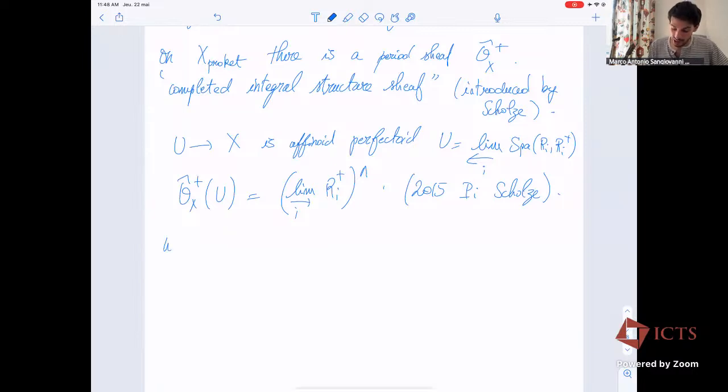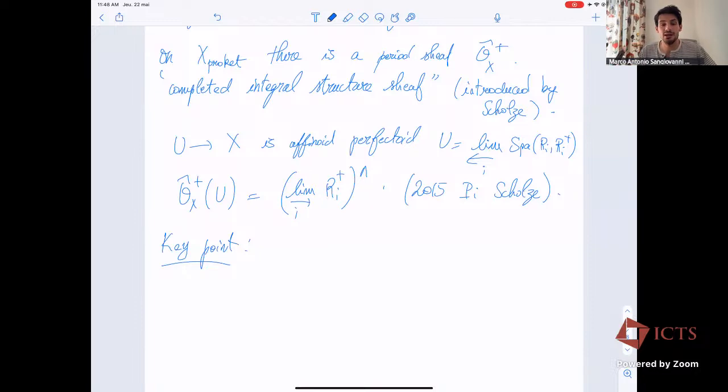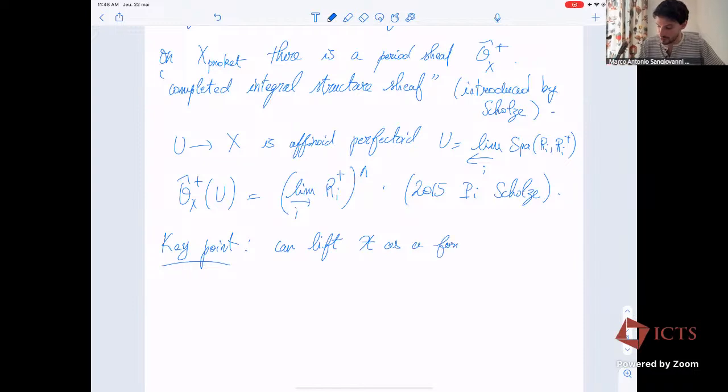So now we can lift. The key point is, since we have assumed that X was the base change of X0, we can lift X as a formal scheme over A_inf, just by taking X naught and then base changing it to A_inf.